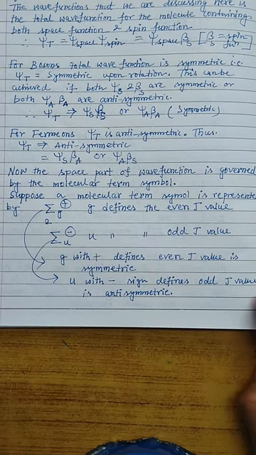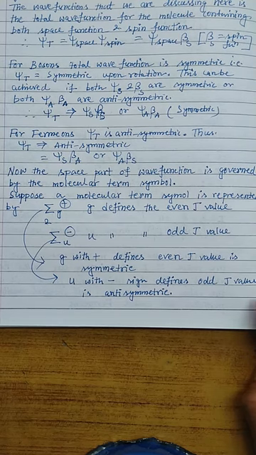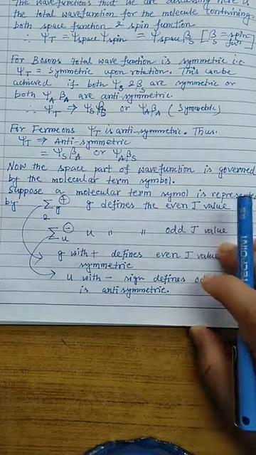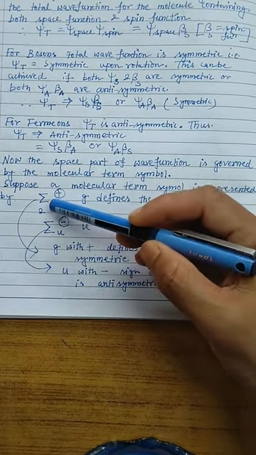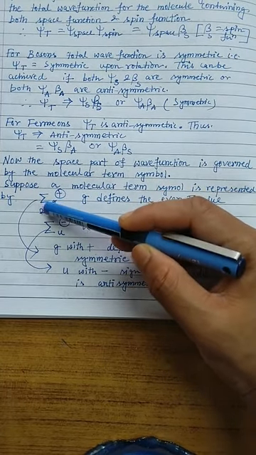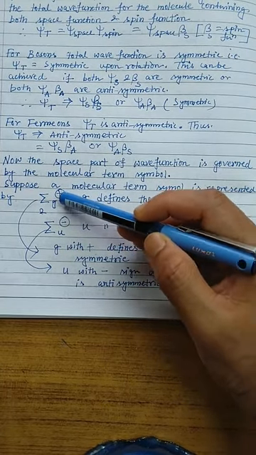Now for the space part of the wave function, our concept of the molecular term symbol comes into play, because the space part is guided by the molecular term symbol. Suppose the molecular term symbol is designated as sigma with suffix g and a plus sign.